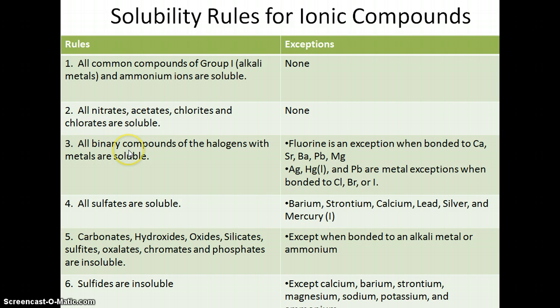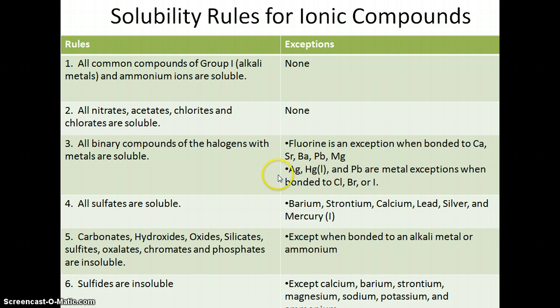If it is a compound that just has a halogen, halogens are group 17 in the periodic table, then it's going to be soluble. There are some exceptions, so fluorine will not dissolve. It'll be a solid when you're talking about it being bonded with calcium, strontium, barium, lead, and magnesium.